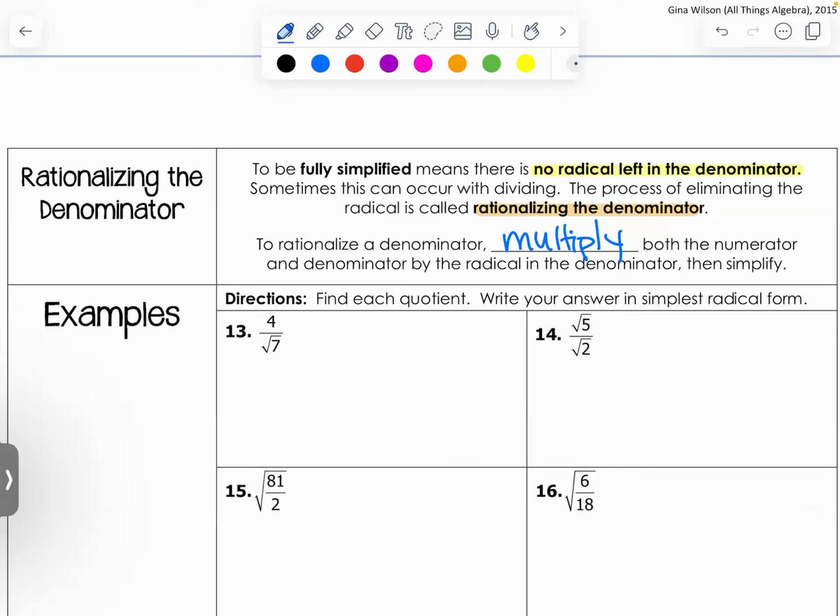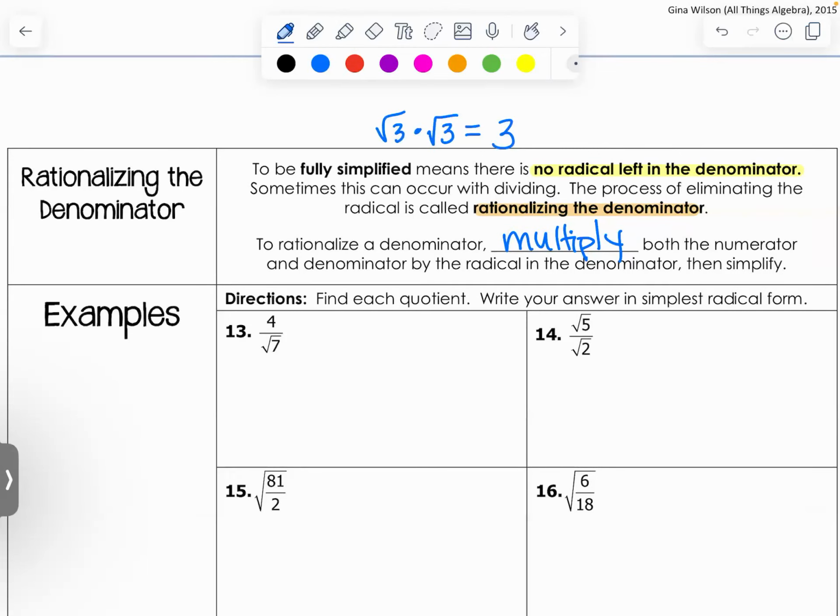Okay, so let's go to Kari's question. If I have the square root of 3 times the square root of 3, what is that? So the whole purpose of multiplying both numerator and denominator by that radical is to create an integer for our denominator.